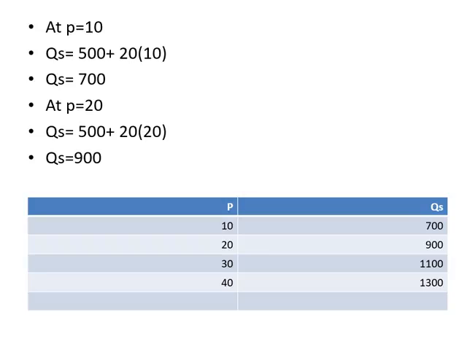Let's plot this numerical example in supply schedule. Here we have P on the left hand side and QS on the right column. At P equals 10, QS equals 700. At P equals 20, QS equals 900. At P equals 30, 1100. At P equals 40, 1300.